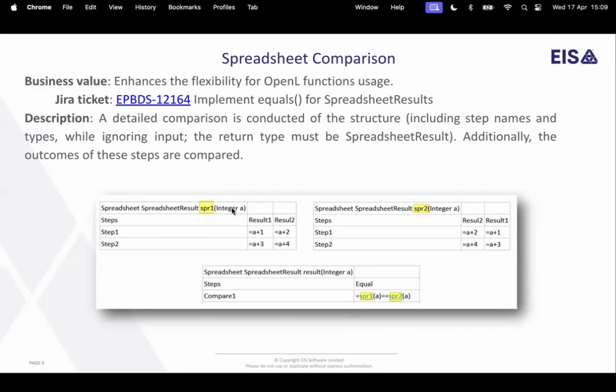The only thing that is ignored are the inputs. So now, if you need to for business reasons compare two spreadsheets, you can do this. As far as I know, it was related to the unique function usage. So now this helps to use it in more business cases.